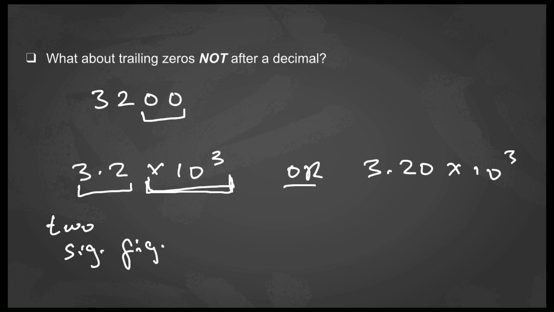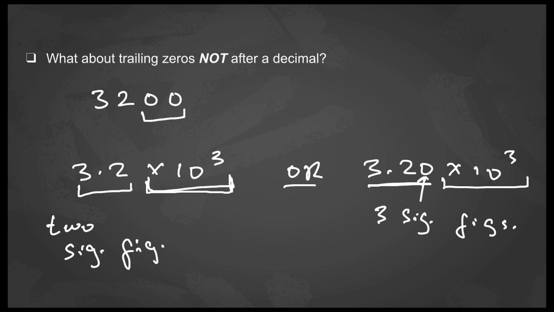Even if I look at this option 2, we said we do not count the times 10 to the power. So here, if we consider this 3.20, we see that we have a trailing zero after a decimal point. And because that is significant, in this number here, we are going to have three significant figures, right?